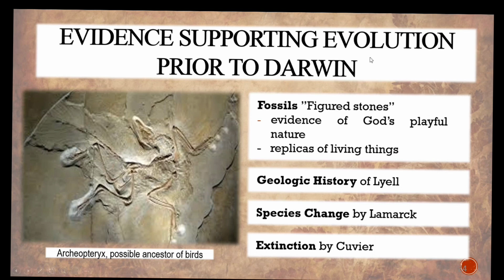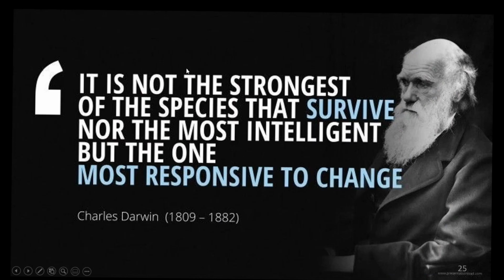So these are the evidences supporting evolution before Darwin. According to Charles Darwin, this is the quote: it is not the strongest of the species that survive, nor the most intelligent, but the one most responsive to change.